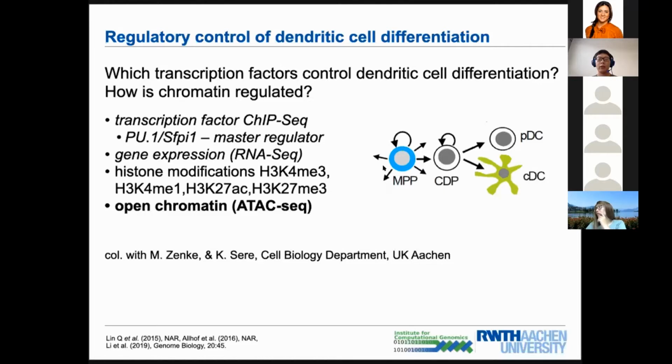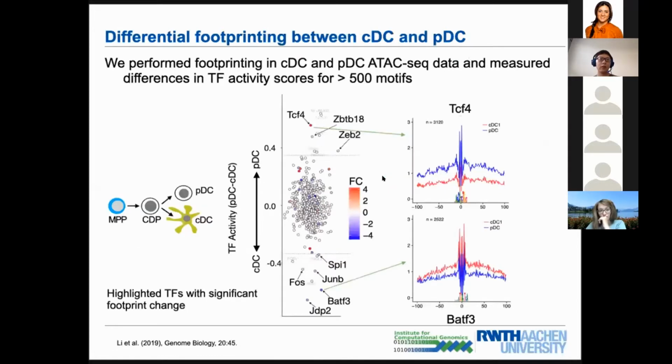Here, we would like to extend the study by measuring the open chromatin with ATAC-seq. So working together with Professor Martin Zenke from the RWTH Aachen Cell Biology Department, we performed ATAC-seq on pDC and cDC.